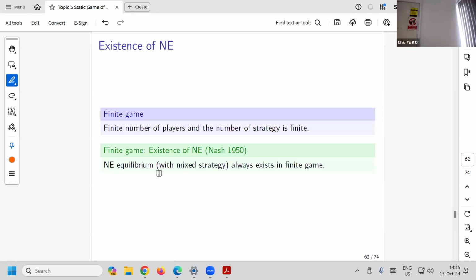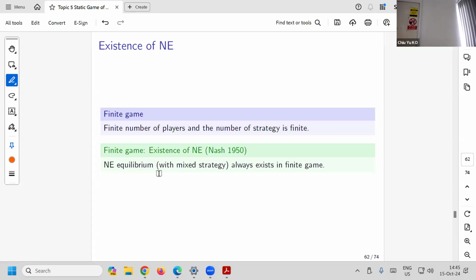If you look at the history, von Neumann and Morgenstern's book was basically only able to solve zero-sum games, or some two-player non-zero-sum games. Most games you can't solve easily. But Nash came up with the idea, which can be traced back to Cournot as well. Cournot's idea is not applied to every single game, so that's why we still call it Nash.